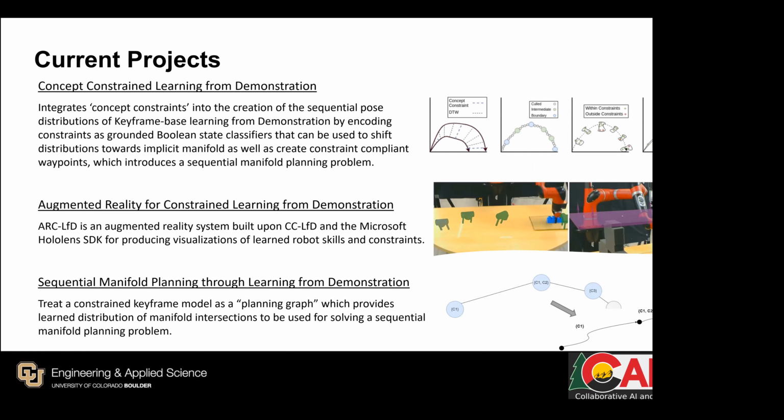Essentially this augments keyframe learning from demonstration by encoding constraints as grounded Boolean state classifiers that can be used to shift those sequential pose distributions so that they more appropriately represent this constraint manifold. Then you can use that to generate a coarse constraint compliant trajectory. But I still need constrained motion planning to ensure that the actual motion plans between these waypoints remain constraint compliant.